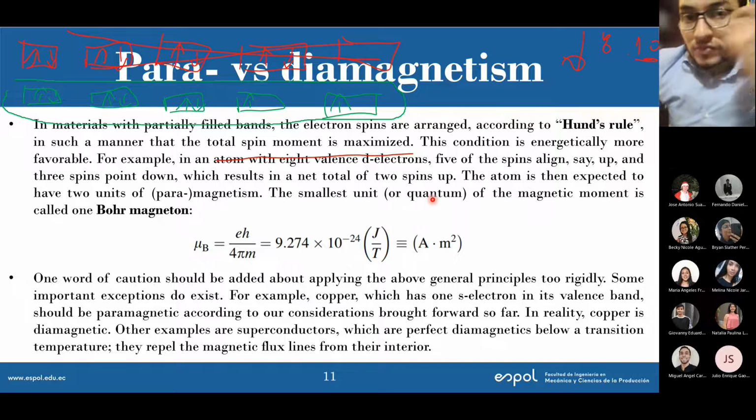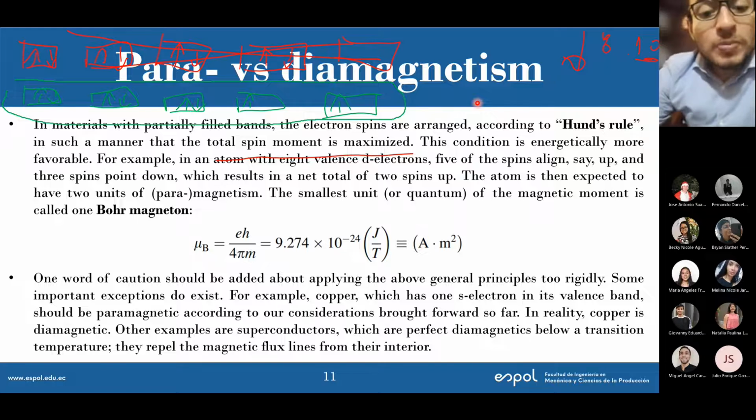Now, we should be very cautious in applying these principles because, as you might imagine, there are exceptions. Yes, this applies for most materials, but not for all, because there are exceptions like copper. For example, copper has one s electron in its valence band.